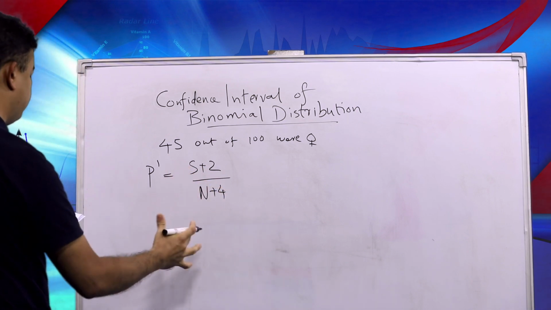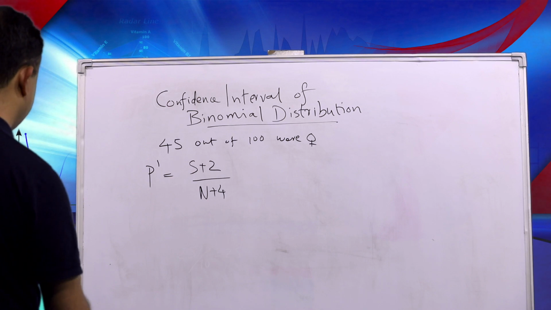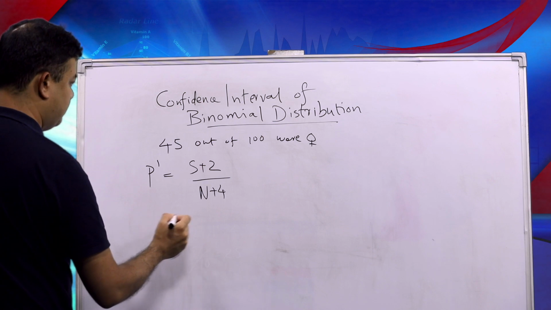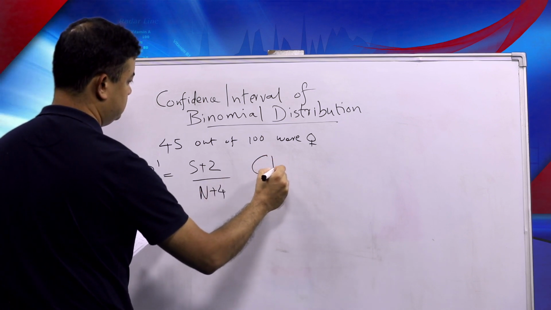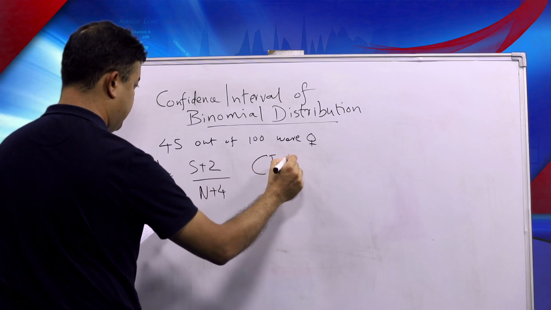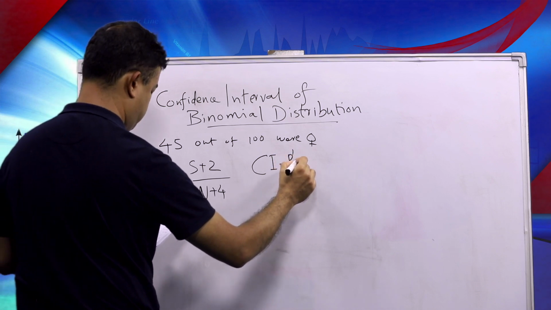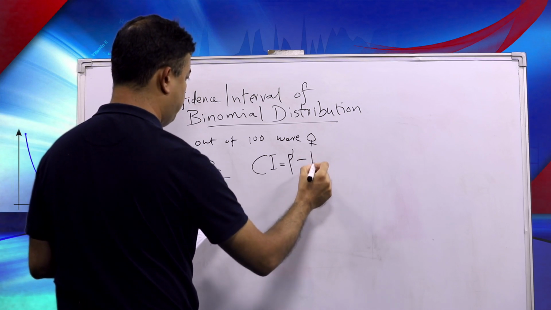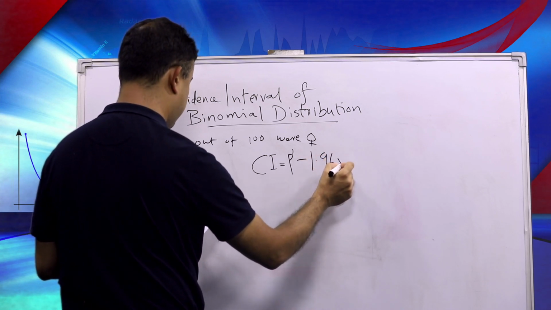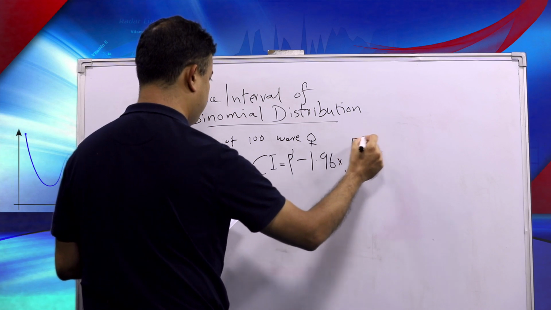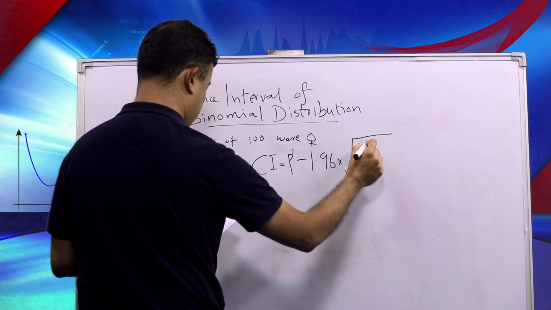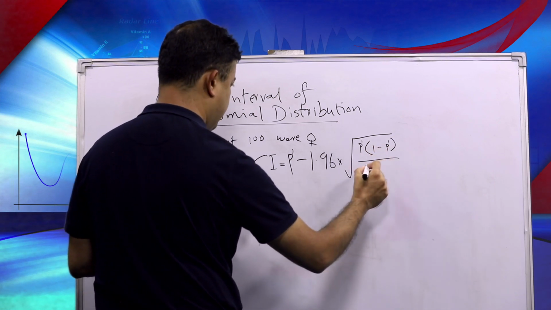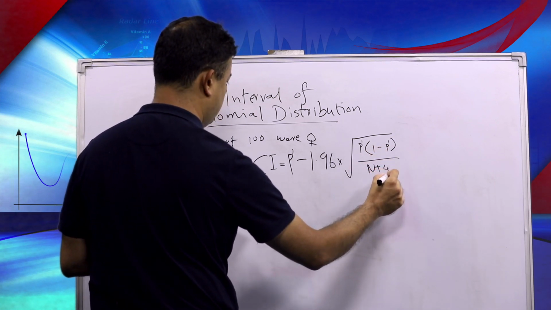So the first step is to calculate the P prime. The next step will be to calculate the confidence interval. So CI is equal to P prime minus the width. The width is 1.96 multiplied by root of P prime multiplied by 1 minus P prime divided by N plus 4.